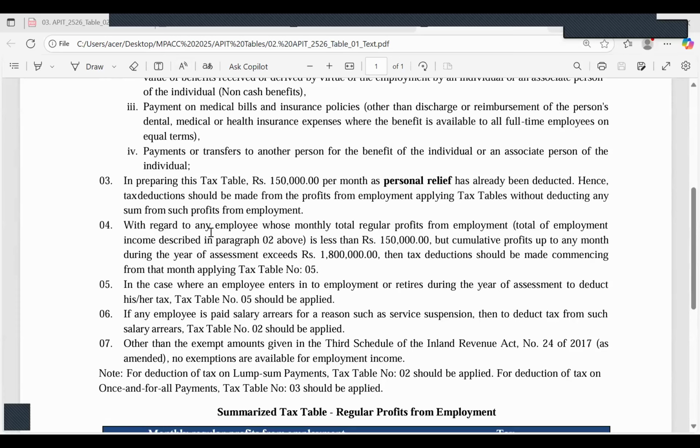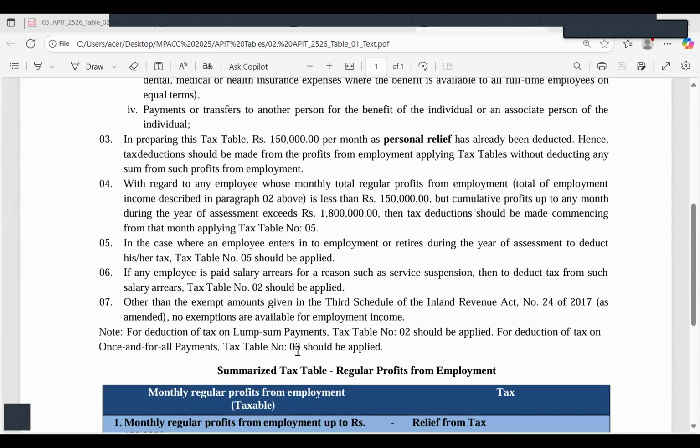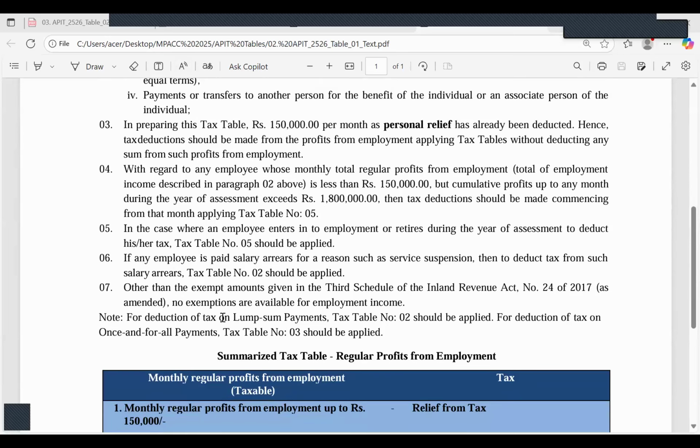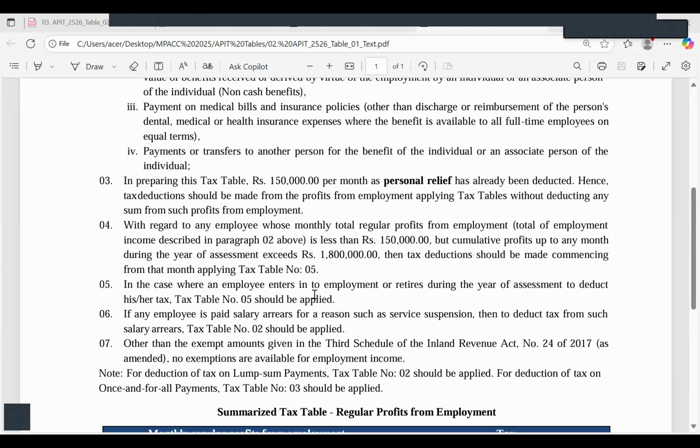The next one is, we have another two tax tables, that is table 5 and table 2. Sometimes in the first few months, we have less than 150,000 rupees salary or benefit.